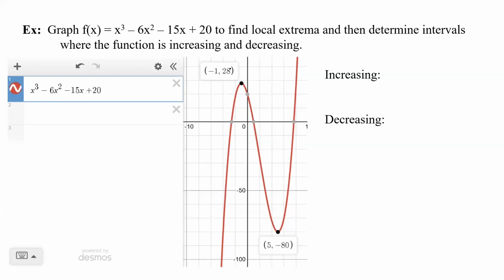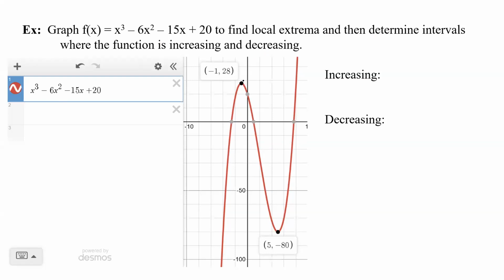And it says, graph it to find the local extrema, and then determine the intervals where the function is increasing and where it's decreasing. Okay, so what does that mean? Well, we're going to have to figure out where those local maxima and local minima are, and then figure out where the intervals are for increasing, decreasing, and back to increasing.